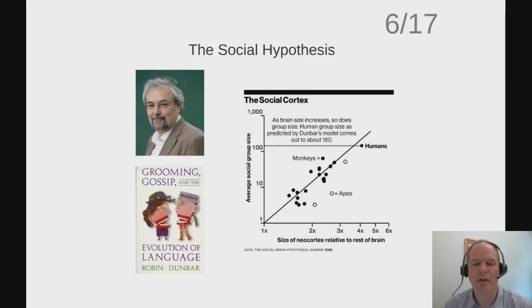And the argument of Robin Dunbar is that there's a real relationship between the amount of neocortex in the brain and group size.